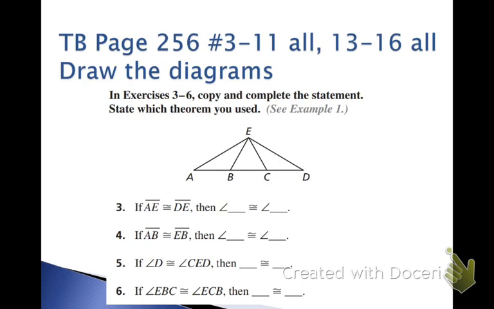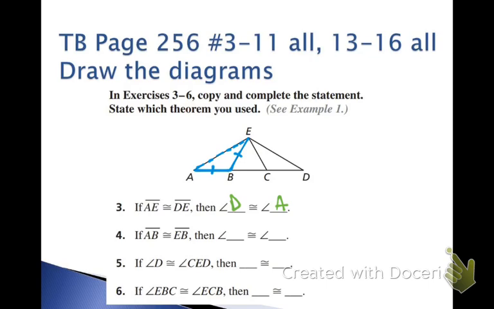So our first, we said angle D and angle A. We'll do the second. It says we have AB marked congruent, and then also, what's the other side marked congruent? Yeah, EB. So again, you want to close it like a triangle.